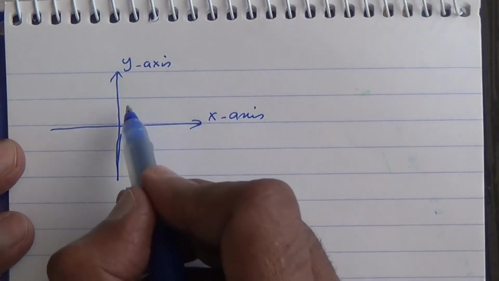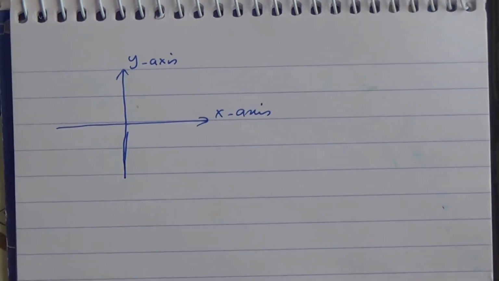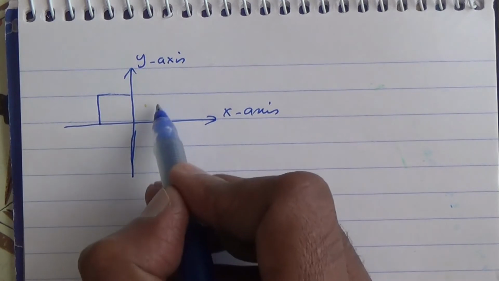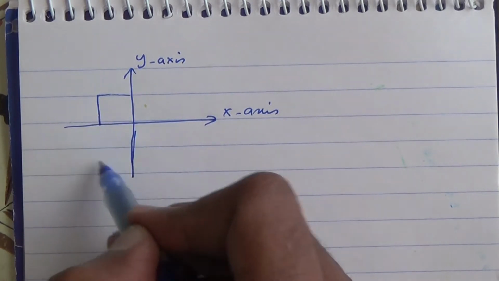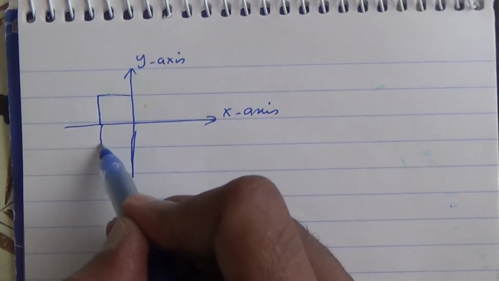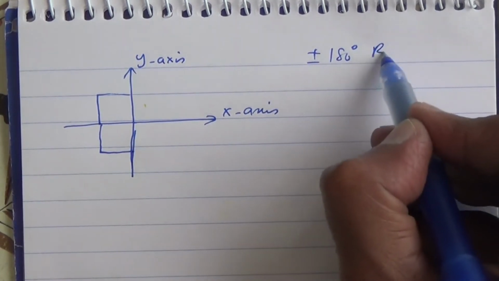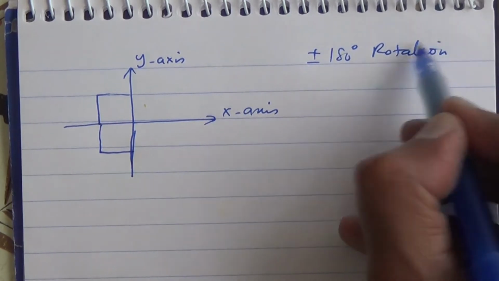Now, remember this has rotated 90 degrees, it's fallen here. Now another 90 degrees, it's going to fall down here. So we're looking at plus or minus 180 degrees rotation about O.